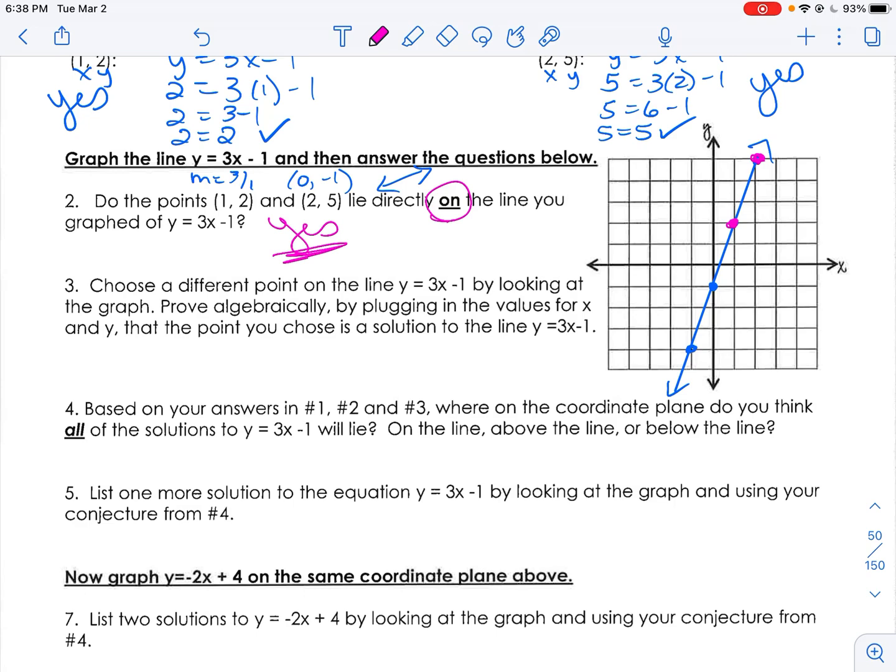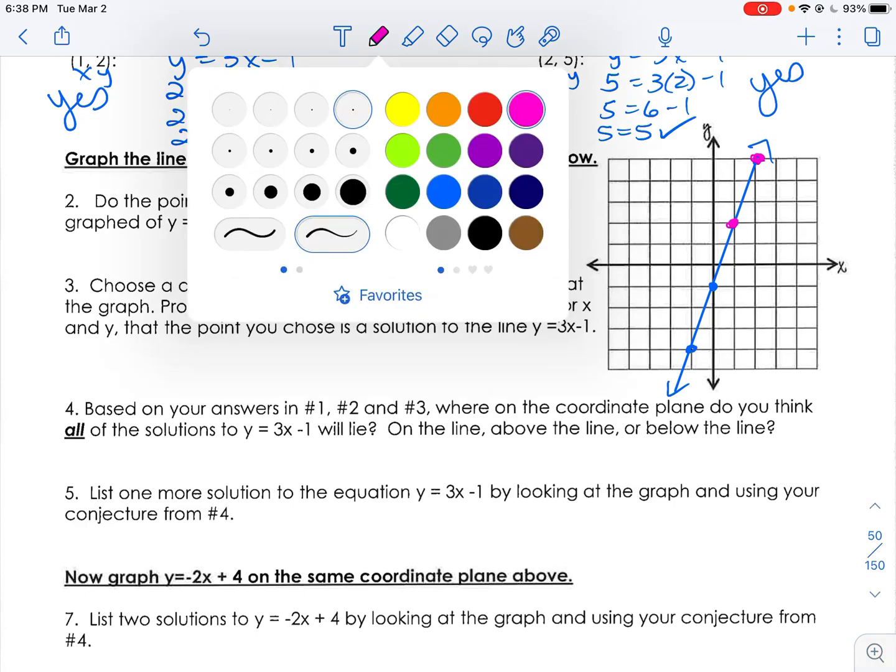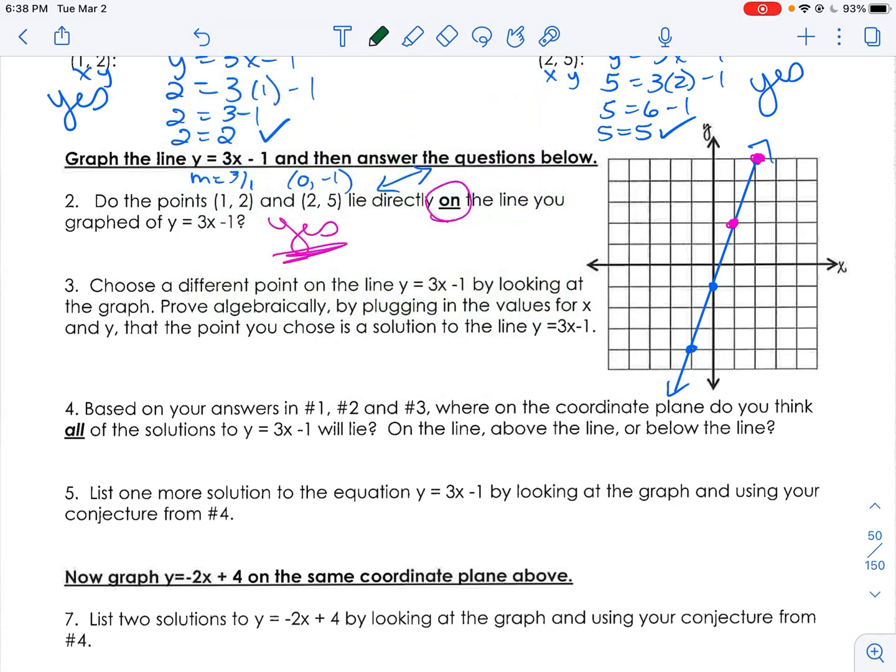Choose a different point on the line. So I'm going to change my color. On that line by looking at the graph. So I'm going to pick this point right here. And that's the point negative 1, negative 4. Now, it says prove algebraically.